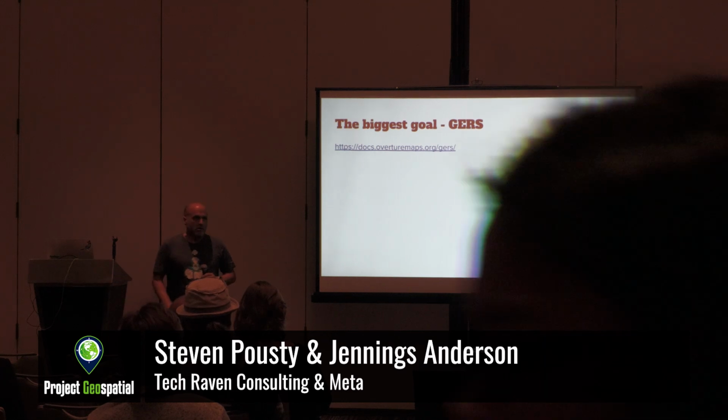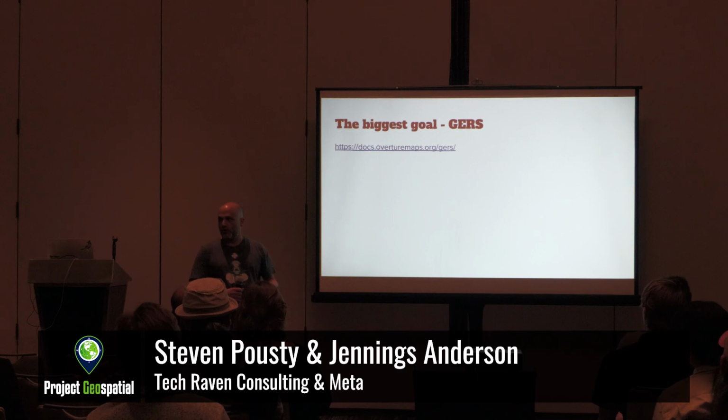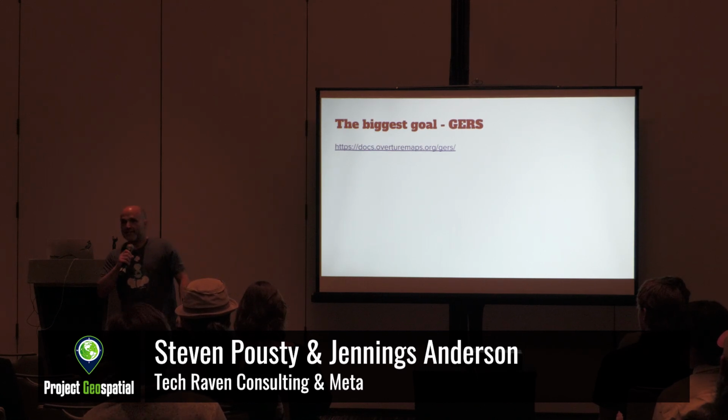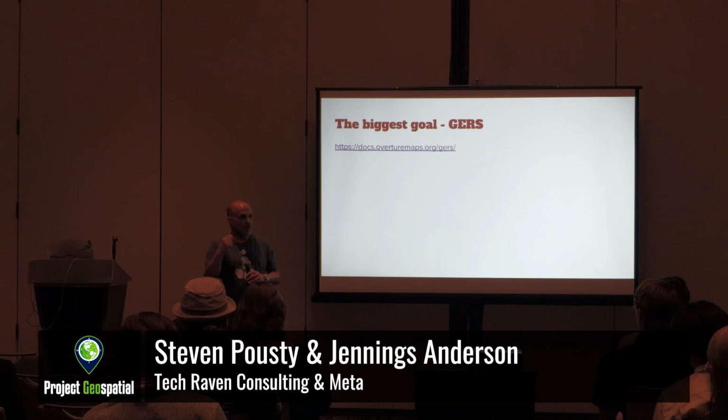So the biggest goal is GERS, and GERS stands for Global Entity Reference System, right? This is unique IDs for every geographic feature we can identify that we care to identify on the Earth. So once we identify the Hyatt at St. Louis Arches, it's always the same ID, even if the name changes.